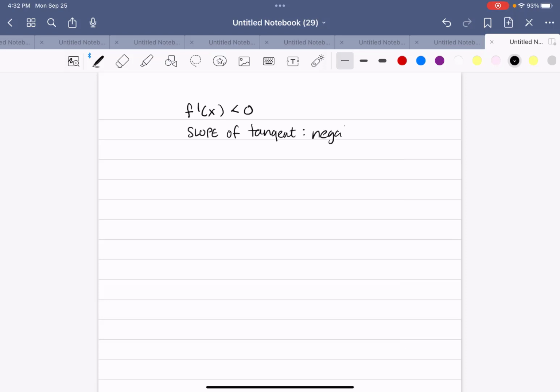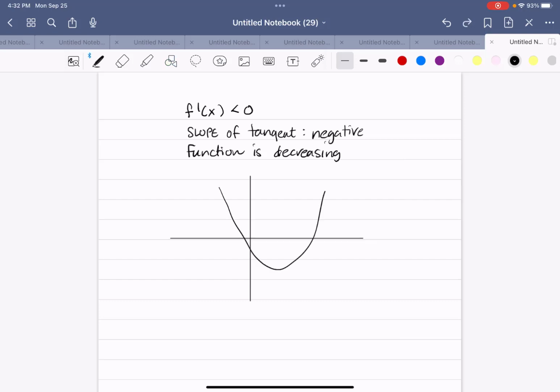And that means the function has to be decreasing. So, for example, if I just draw a parabola like this, you'll see that it reaches its low point here at this vertex, okay?